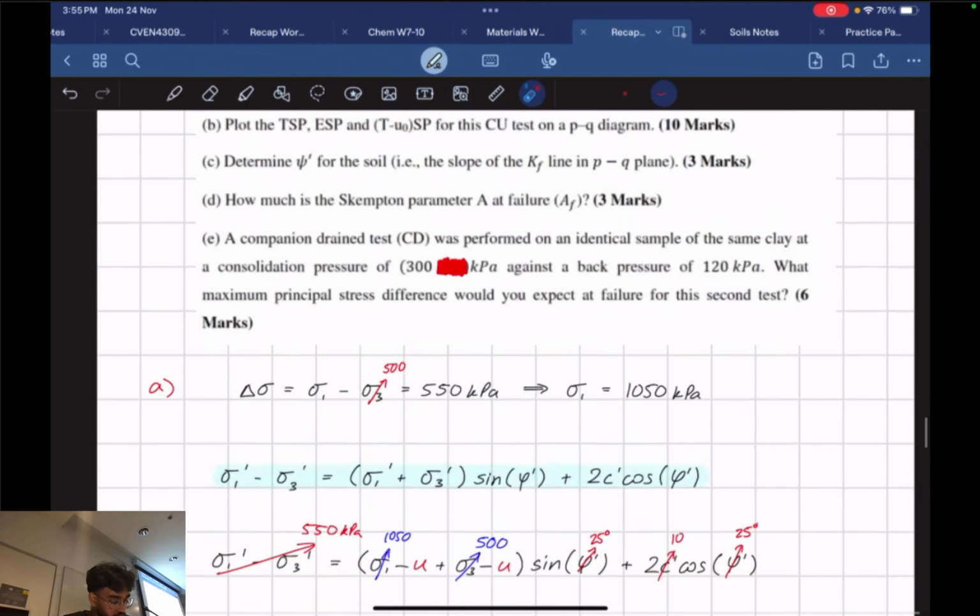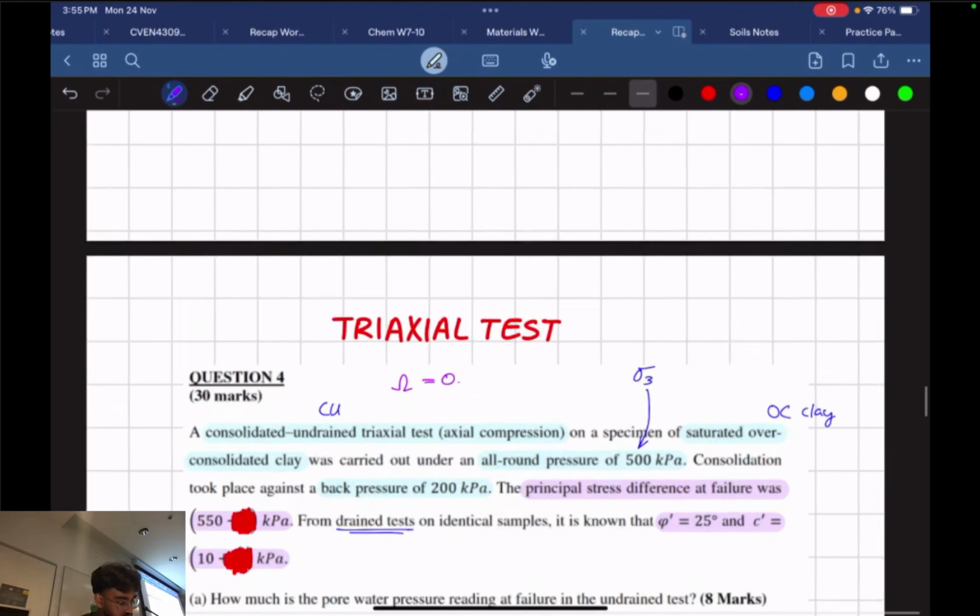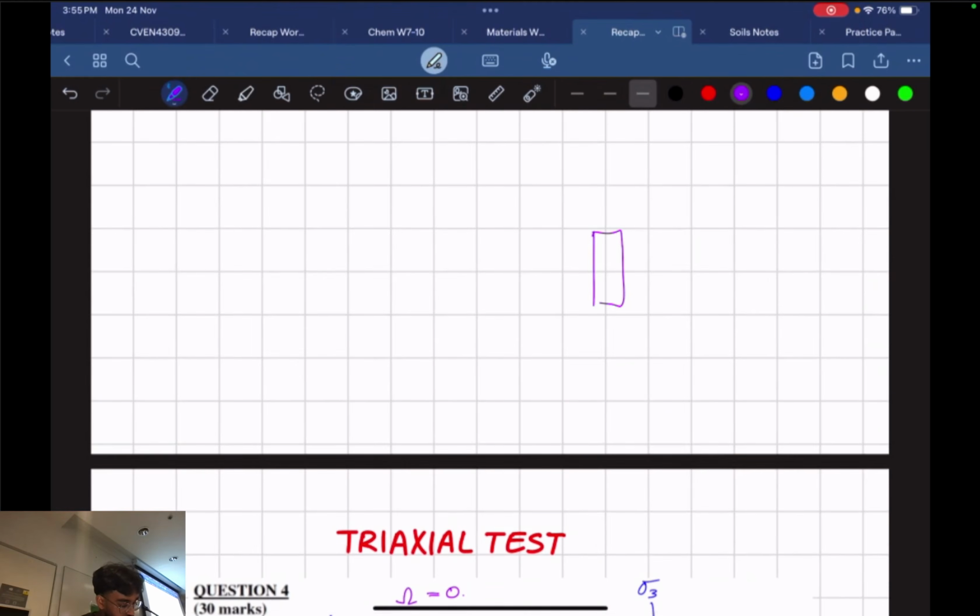Another thing to quickly mention is that they've told us the principal stress difference at failure was 550 kPa. Another word for the principal stress difference is your deviator stress. Anyone know what deviator stress is? For your triaxial test, you have some sort of stress, and then your deviator stress is something they add on top.